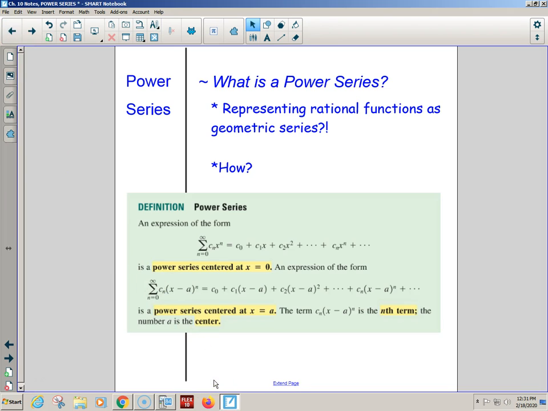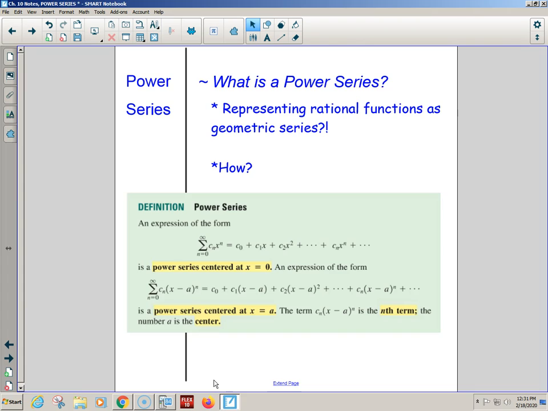So what's the power series? What is it used for? It helps us represent rational functions, a over 1 minus r, as geoseries.